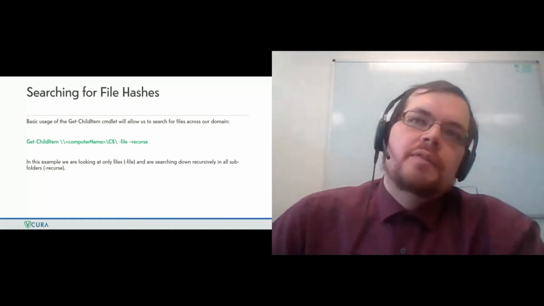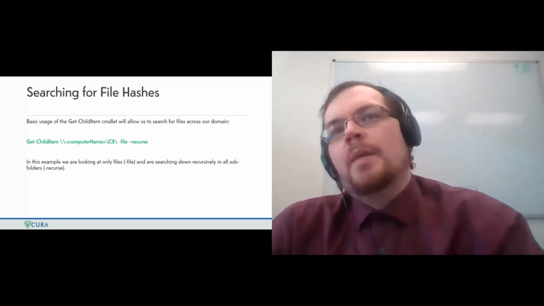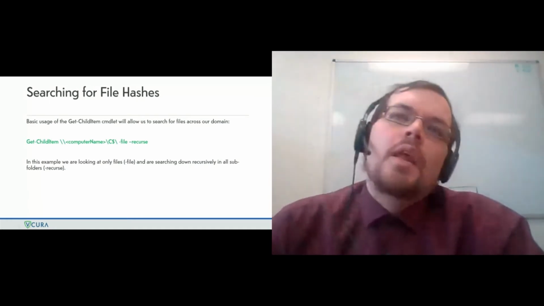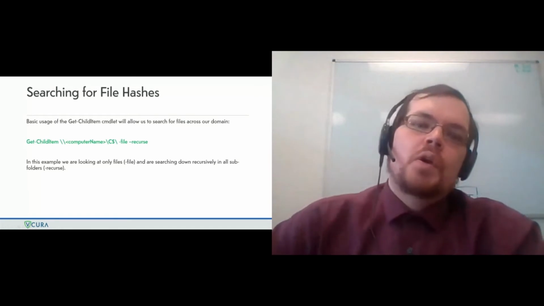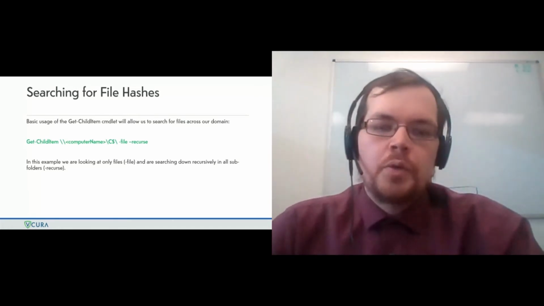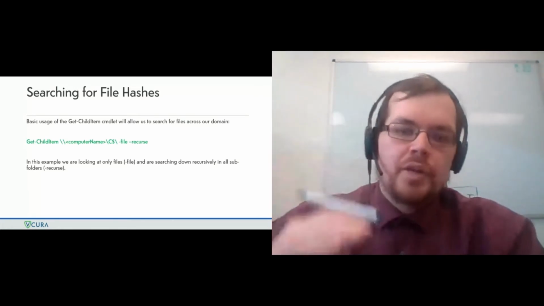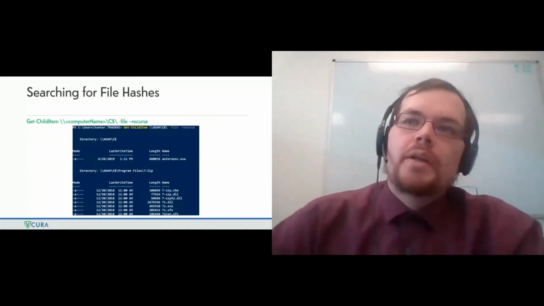The two switches here: -File means that we only want to return the files. We don't really care about the directory names in the context of this search. And the -Recurse switch means that we are going to go through each of the subdirectories on the C drive and list out the files.